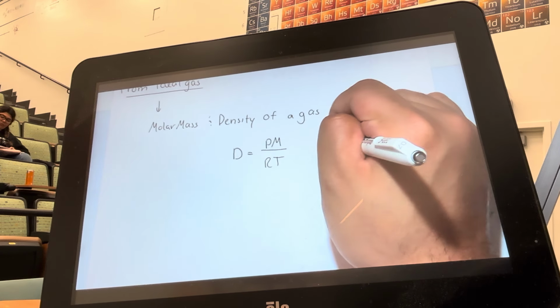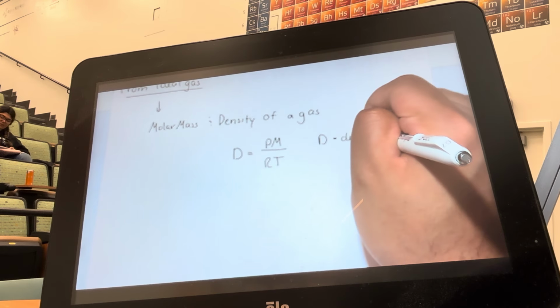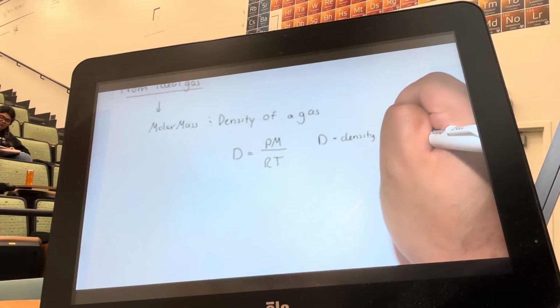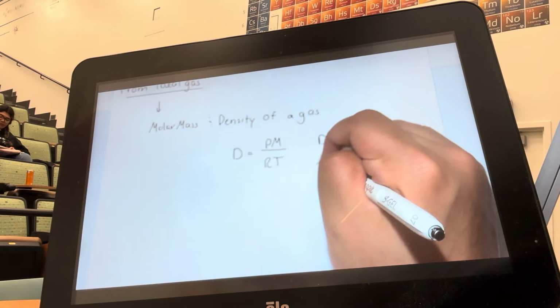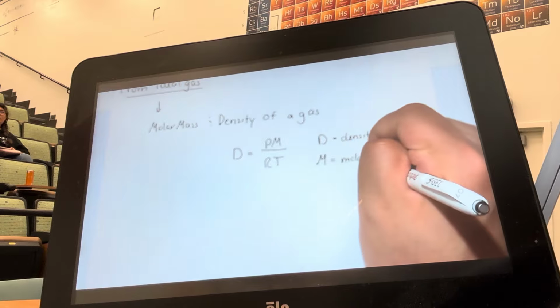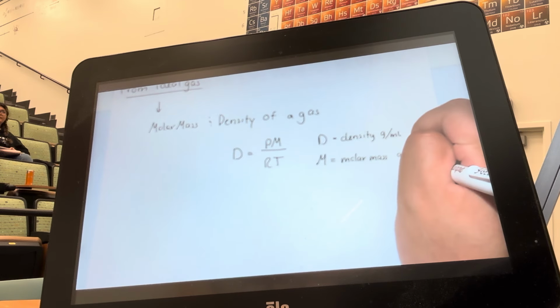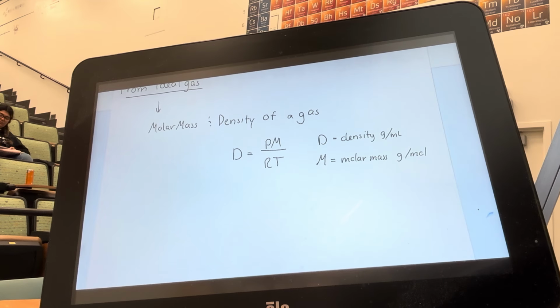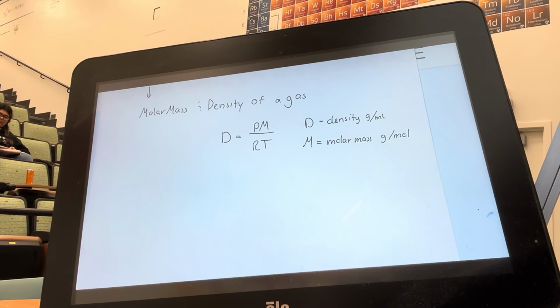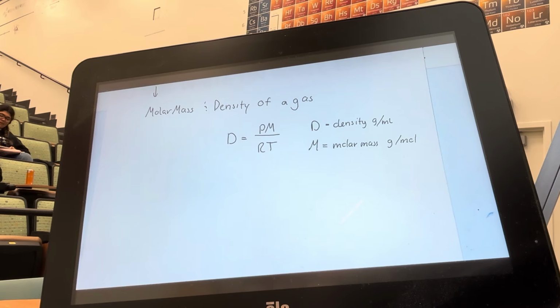D equals density in grams per milliliter, M equals molar mass in grams per mole, and all the rest are exactly the same as they've been. You can derive this from the ideal gas law, and you can ask me if you have a question about that. In the test sense, it's probably better just to memorize the equation than to try to derive it, but it's pretty easy to derive.